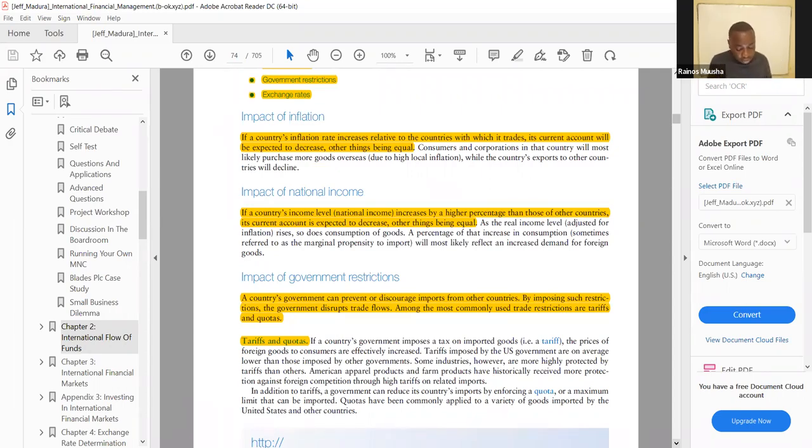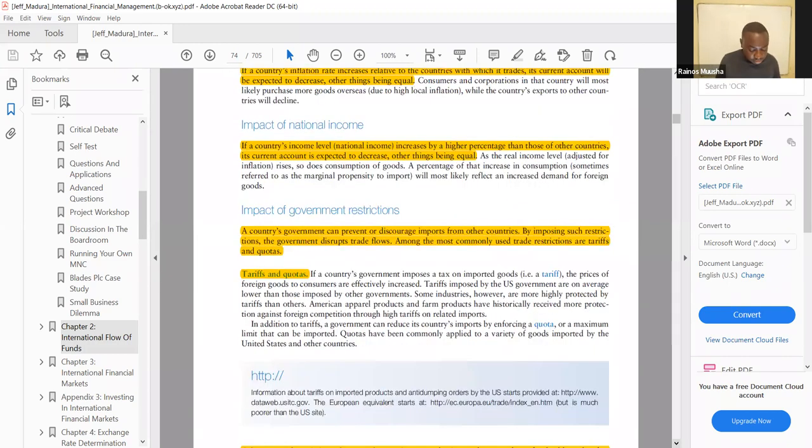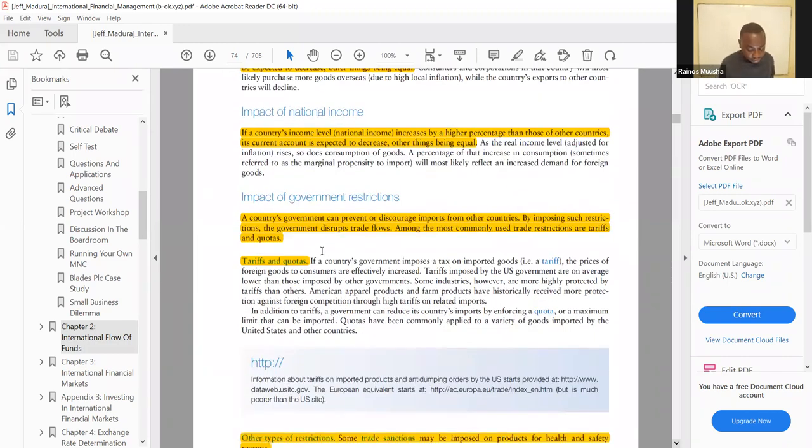When a country's government imposes tax on imported goods, the price of the foreign goods to the consumer effectively increases. So if a government imposes tariffs, it's going to be more expensive for our customers to import goods, isn't it? In that case, there is less demand for those goods and services from abroad.